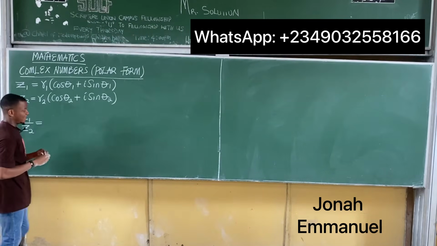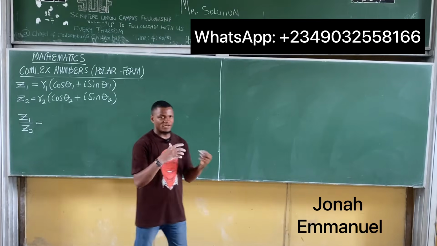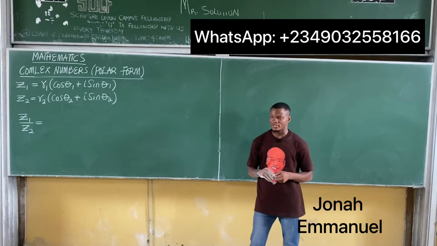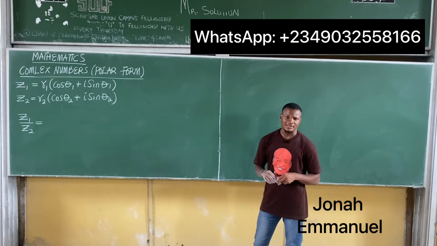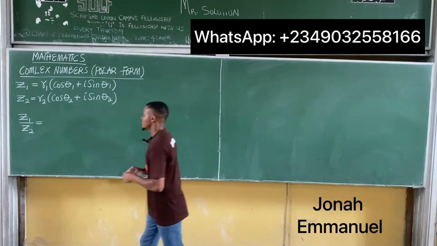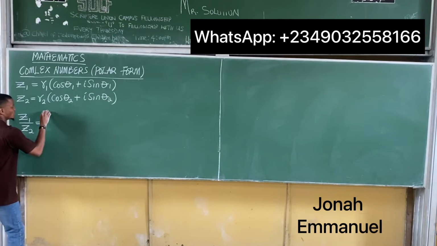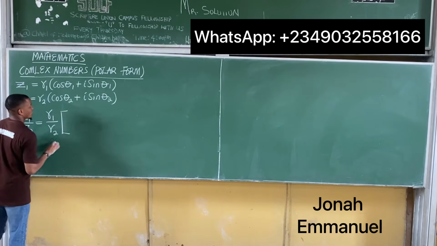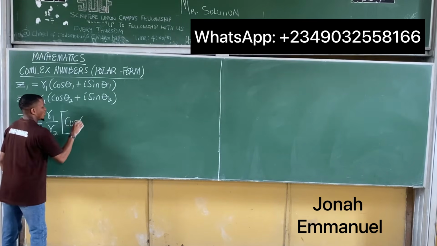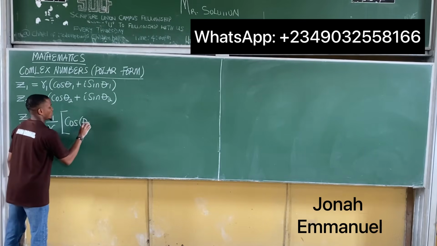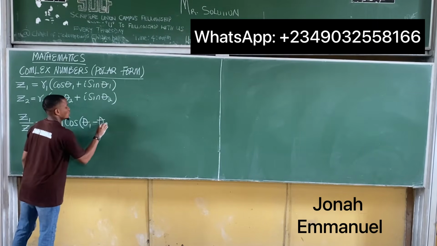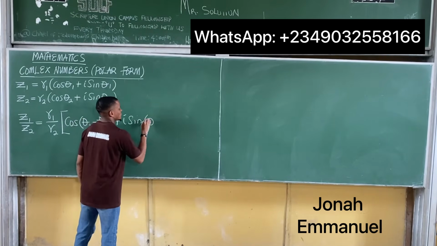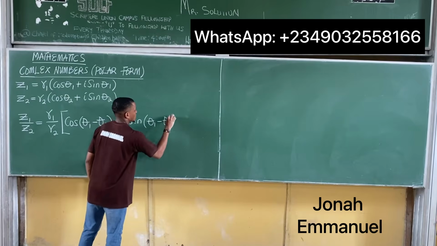For this one, I won't really go into the derivation of the formula as I did for multiplication. I'll just give you the final answer of how it works, and we can take a few examples and proceed. z1 over z2 in polar form is equal to r1 over r2 into cos of (theta 1 minus theta 2) plus i sine of (theta 1 minus theta 2).